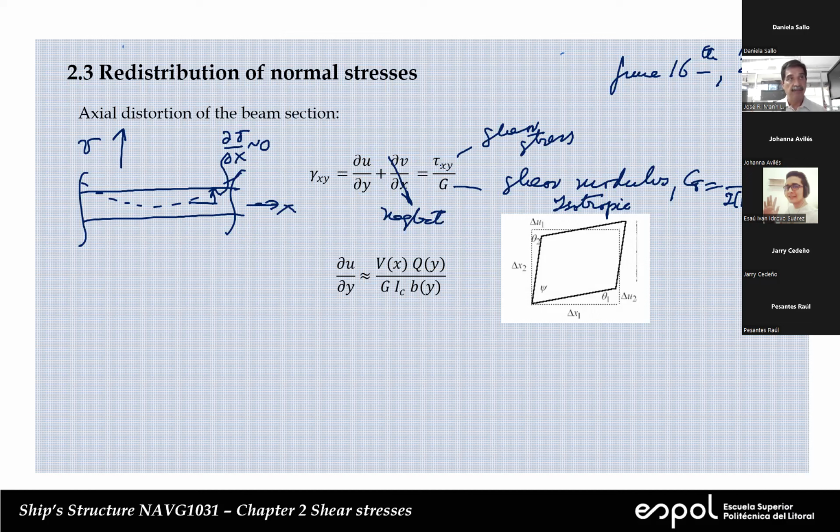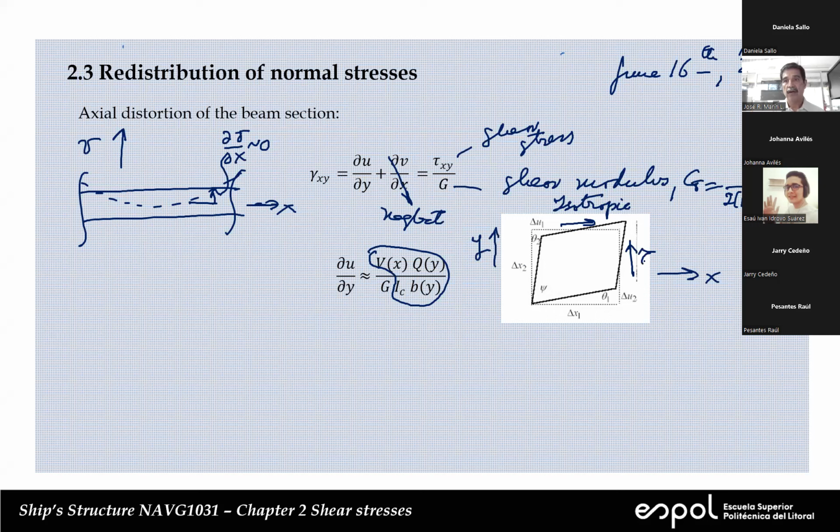But now, from chapter 2.2, we know this is the expression that we deduced for the shear stress. So this is shear force Q over I and B, and of course now we have to divide it by G. So this is the situation: this is tau, this is tau. Let's suppose this is the x-axis and this is the y-axis.